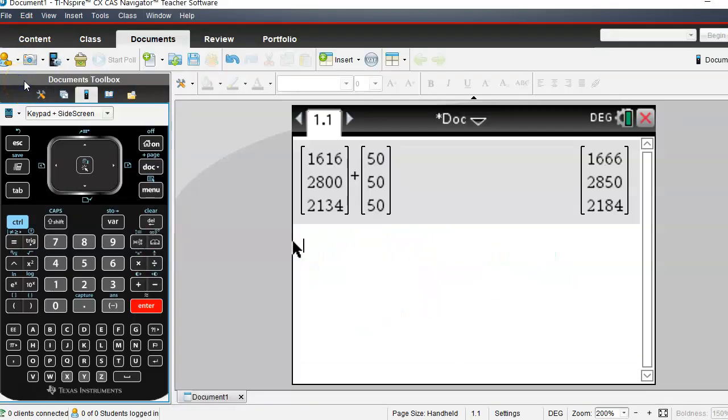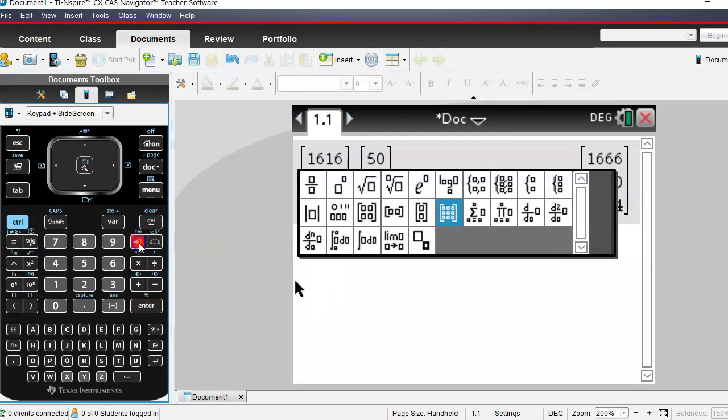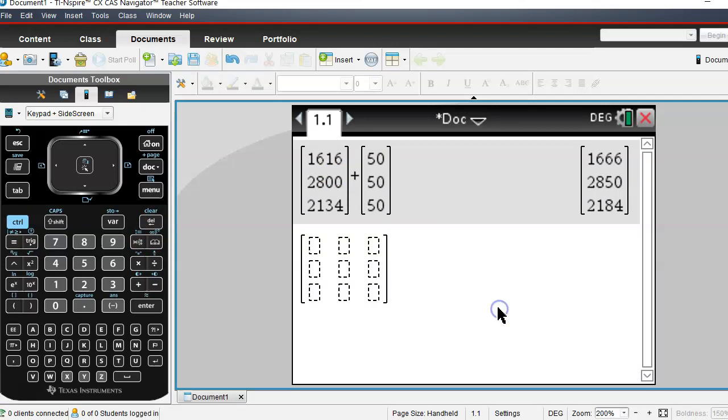So first off, let's put in our transition matrix, which is a 3 by 3: 0.4, 0.2, 0.6, 0.3, 0.3, 0.2, 0.5.